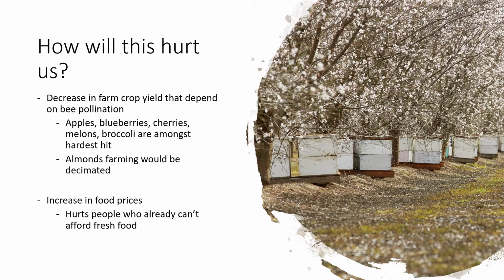And of course, this will result in an increase in fresh food prices, which will affect people who already can't afford to buy fresh food even more. So it'll just be this vicious cycle of bees dying, decreased yield, increased food prices, decrease in fresh food available for people who need fresh food.